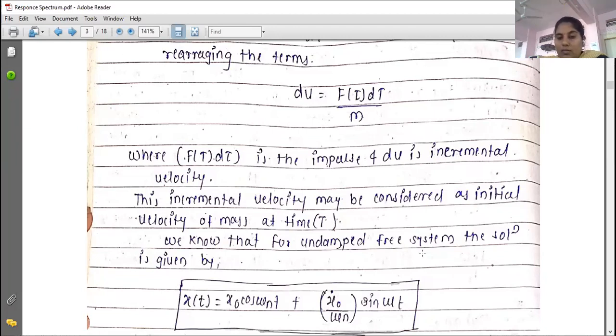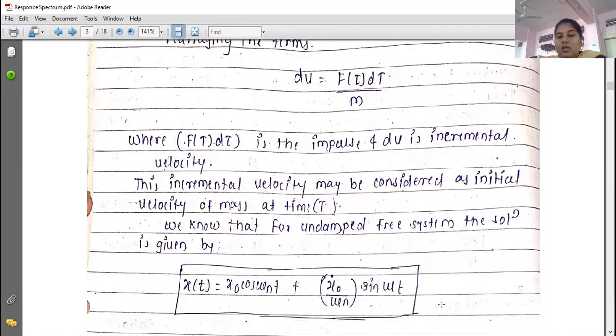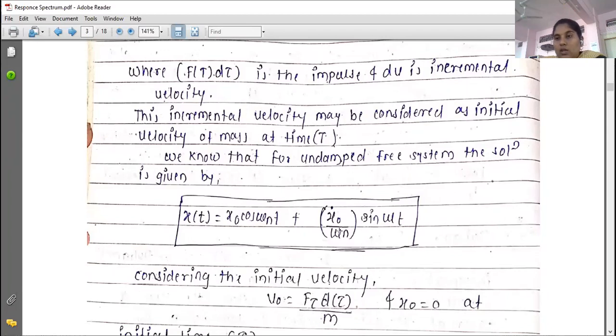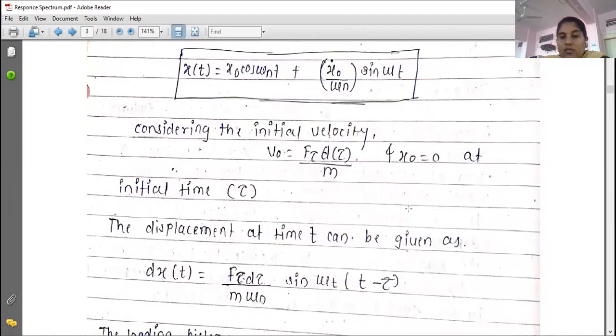So x of t will be equal to x naught cos omega_n t plus the initial velocity at time t equal to 0 divided by omega_n into sine of omega_n t. The velocity at time t equal to 0 becomes the initial velocity v naught, equal to F_i dt divided by the mass, where t equal to 0 is the initial time.